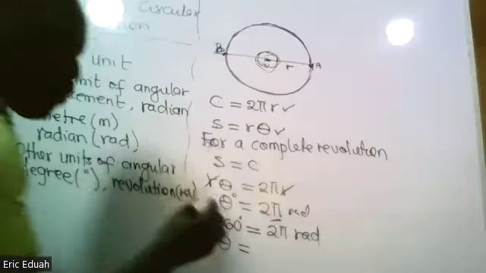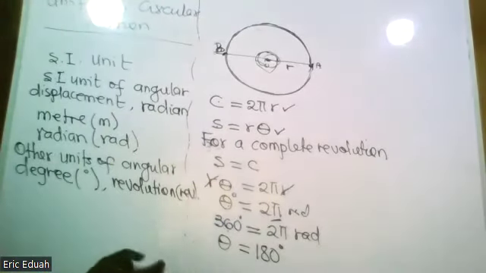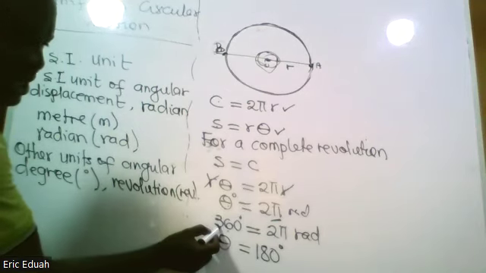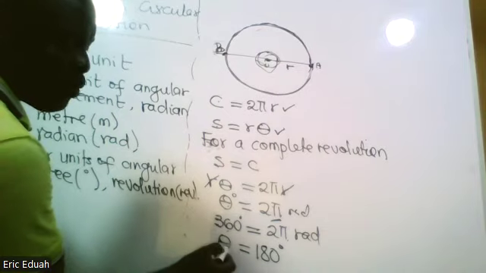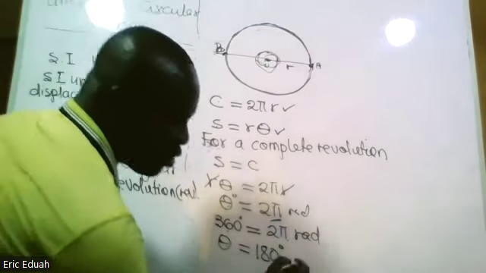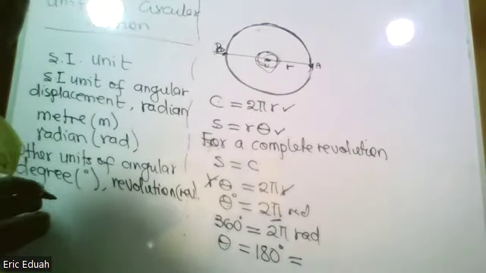Good. This is 180 degrees. If 360 is equal to 2 pi radian, then 180 degrees will also be equal to what in radian?